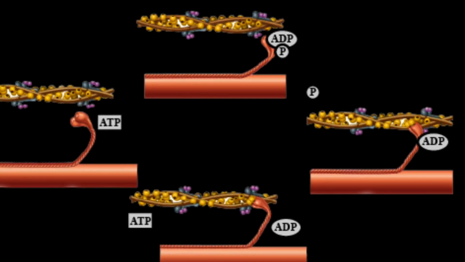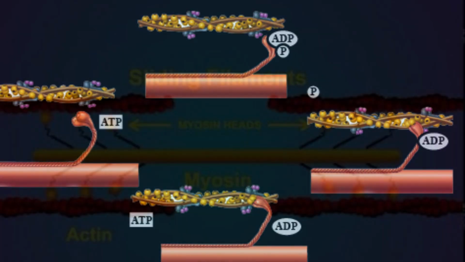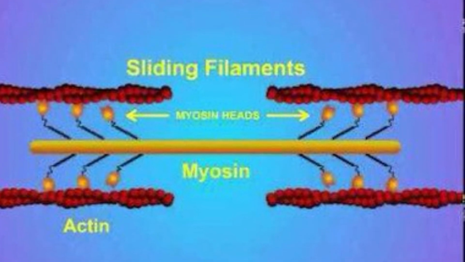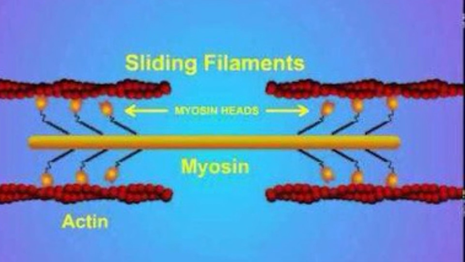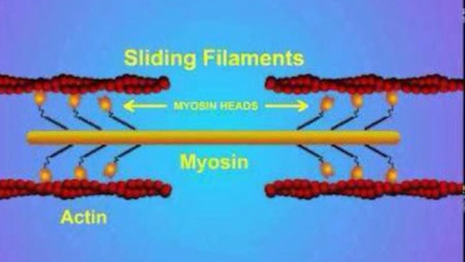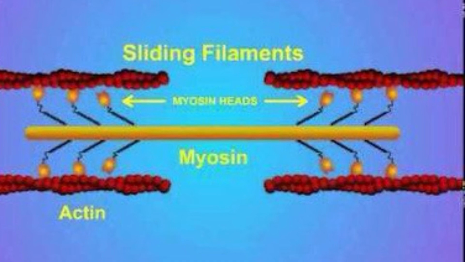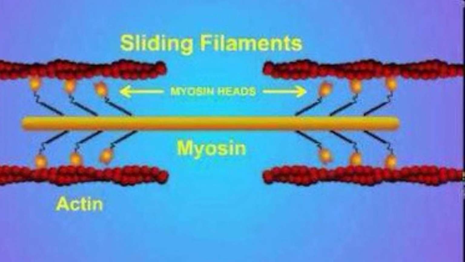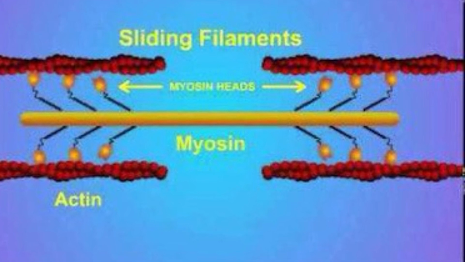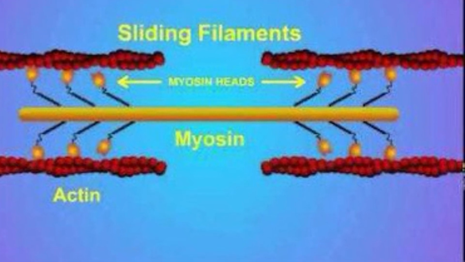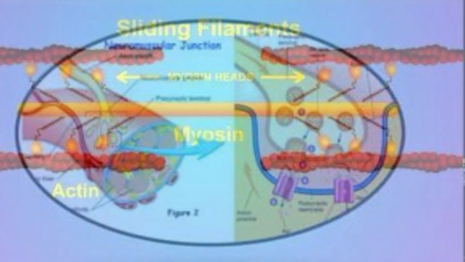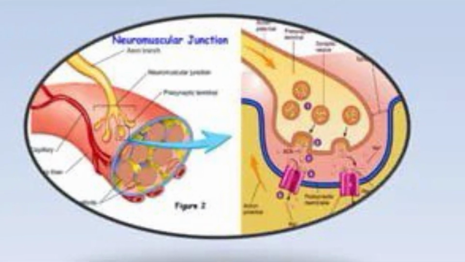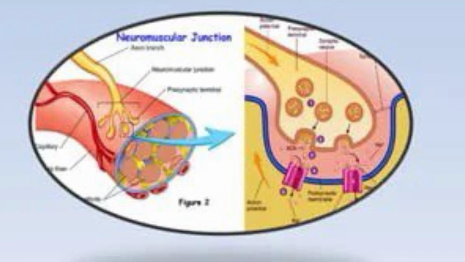After that, ATP becomes involved, and it provides energy for the myosin heads to undergo the next part of the muscle contraction, which pulls the actin filaments toward the center of the sarcomere. This repeated cycle of cross-bridge formation and the ATP working to pull the actin filaments leads to muscle contraction.